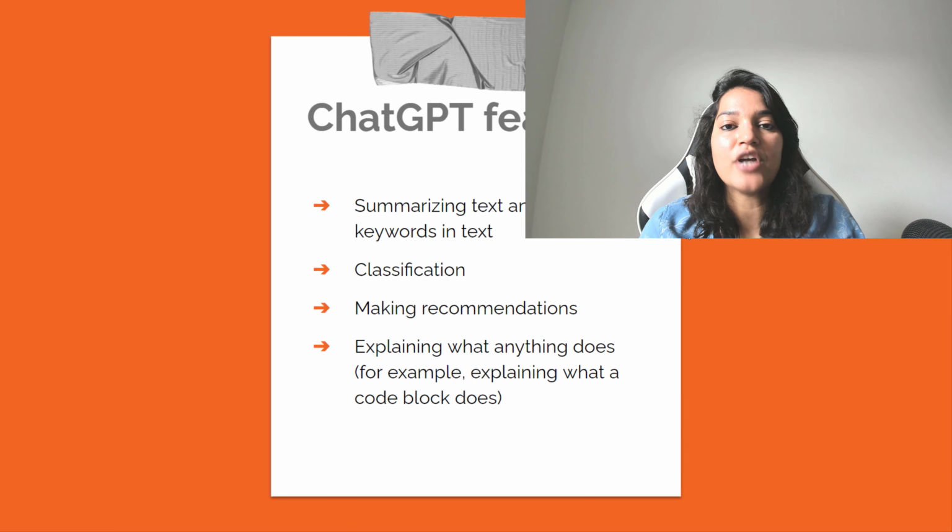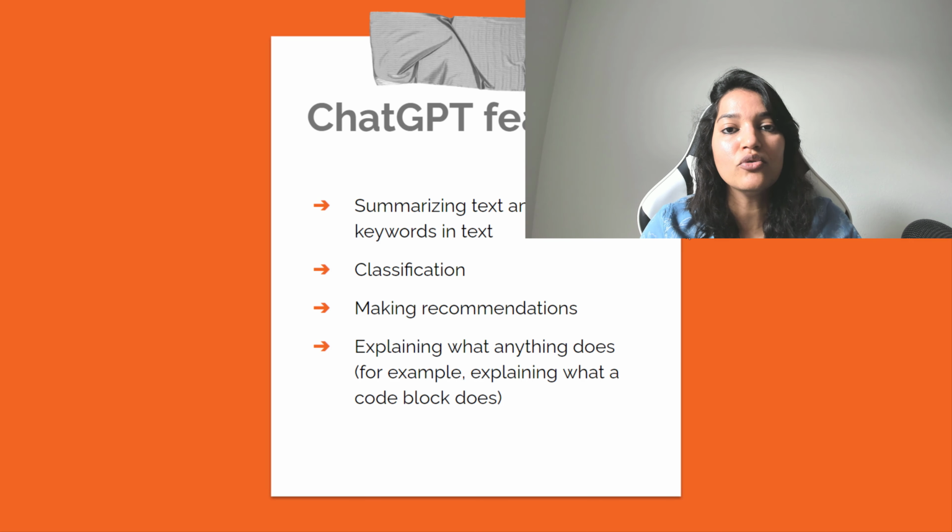Now, what are the things ChatGPT can do? It can summarize text. So let's say there is a big article, and rather than going through each line of that article, you can just paste that article and it can summarize the important key information. So it'll make your learning faster. It can also explain things in your language.